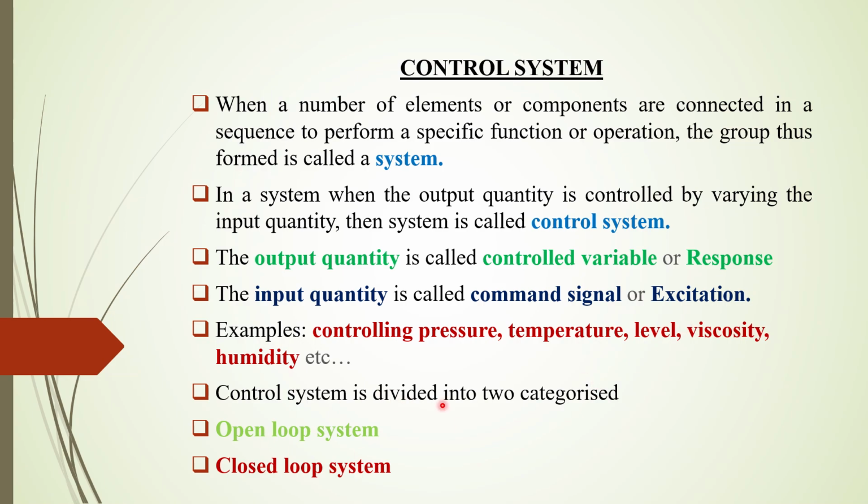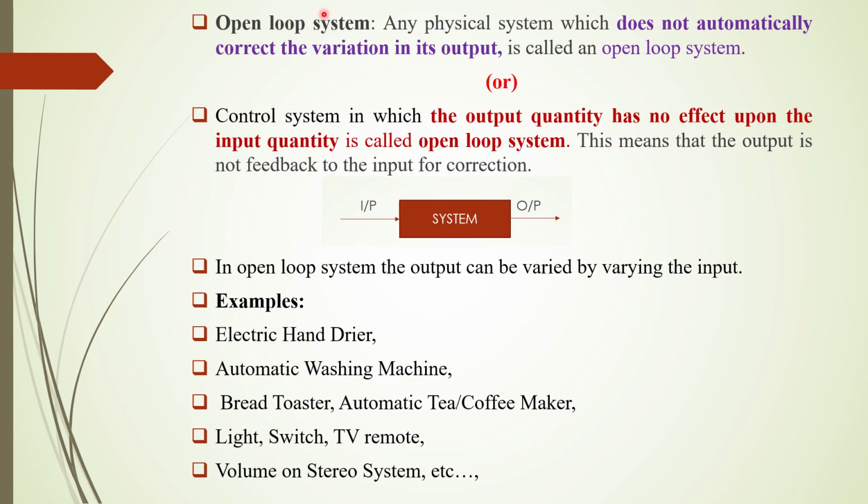Control systems are divided into two categories. One is the open loop system, the second one is the closed loop system. What is an open loop system? Any physical system which doesn't automatically correct the variation in its output is called an open loop system.